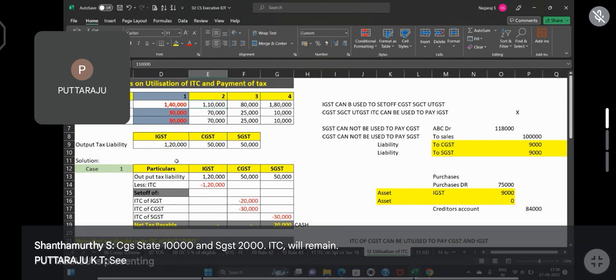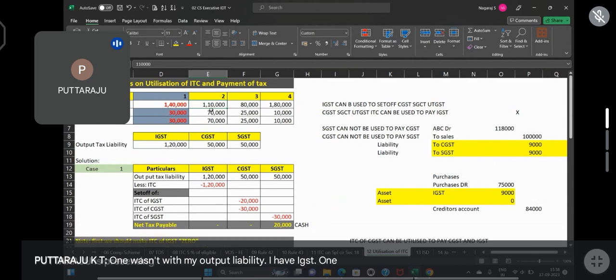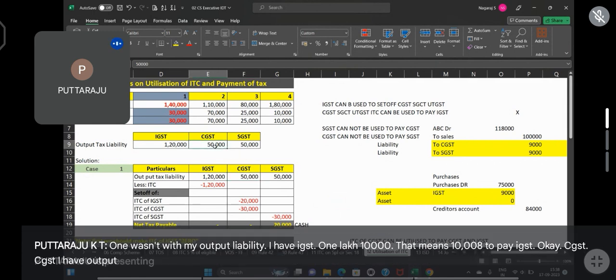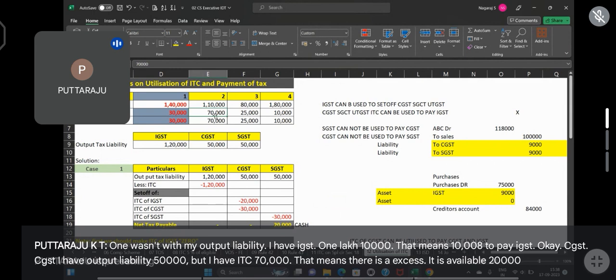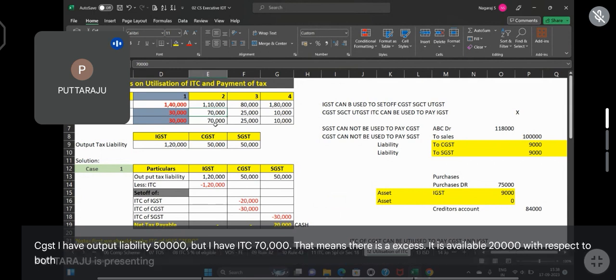See here, 1,00,000 is my output liability of IGST. I have IGST ITC 1,10,000. That means 10,000 is yet to be paid for IGST. Okay, CGST. I have output liability 50,000, but I have ITC 70,000. That means there is an excess ITC of 20,000 with respect to both CGST and SGST.